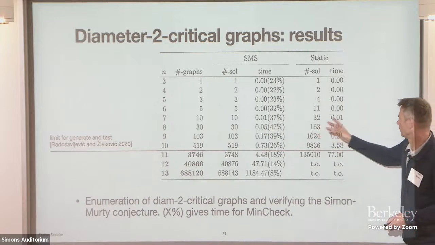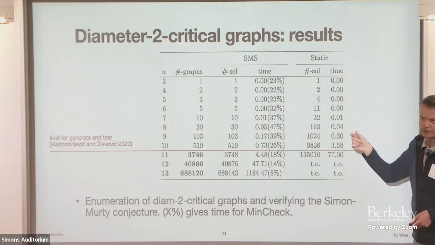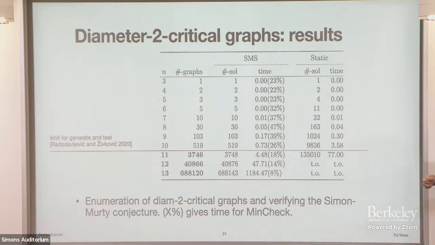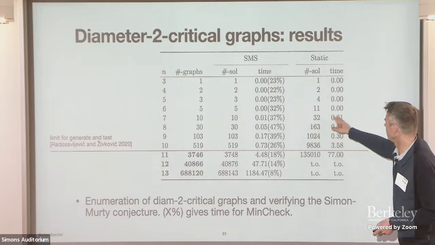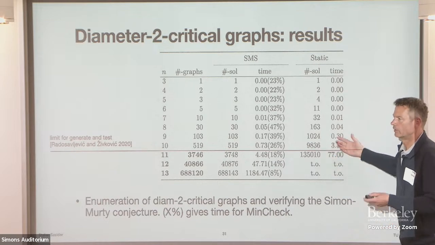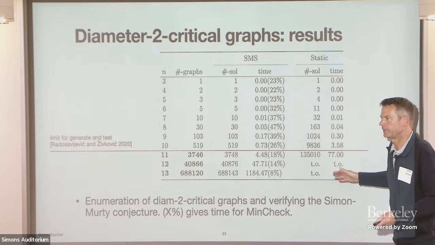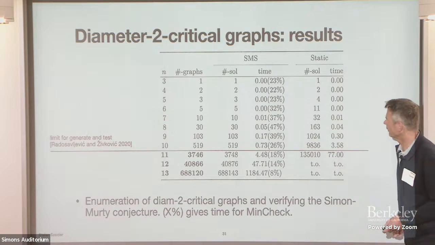Here is also a comparison. Here would be the static minimality check where we only swap two vertices, what I explained earlier. And you also see that at the beginning, it works quite well, but then there is a certain place where the number of graphs becomes too large because it's not a complete filtering. And with SMS, we can go further.